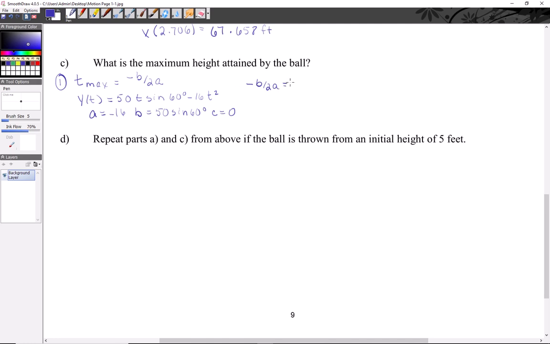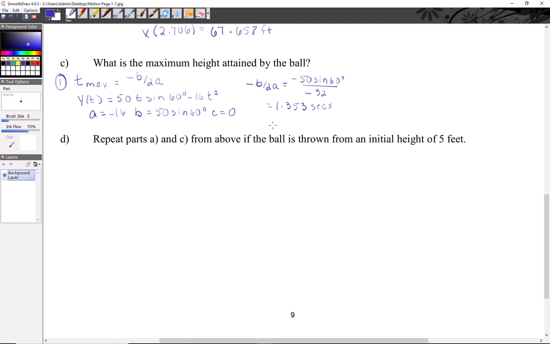That'll be the opposite of 50 sine 60 degrees divided by twice negative 16, which would be negative 32. And that'll give us 1.353 seconds. All right, that's the time it takes for you to get to the highest point in your flight.